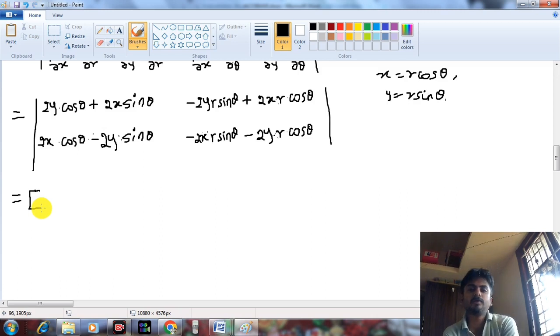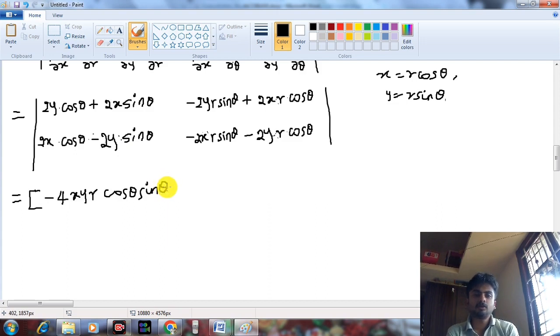So we are having 2 into 2 is minus 4xy r cos theta sin theta, minus 4xy r cos theta sin theta.